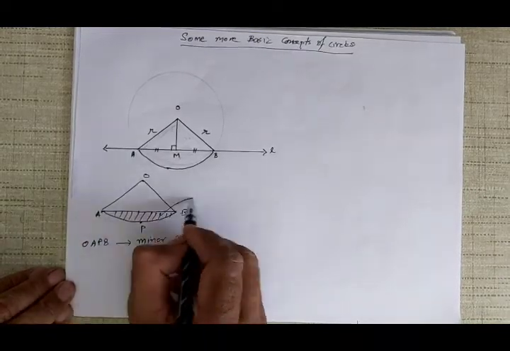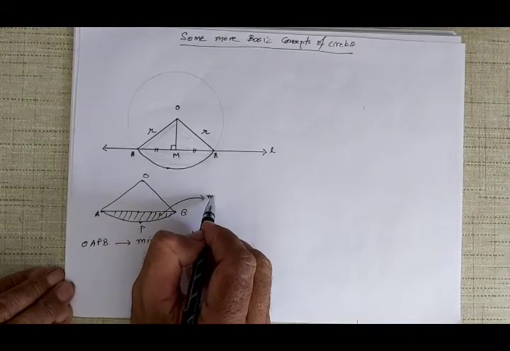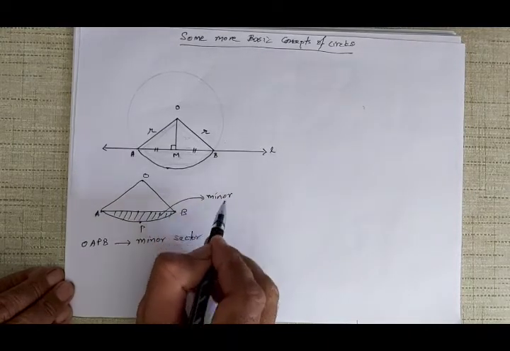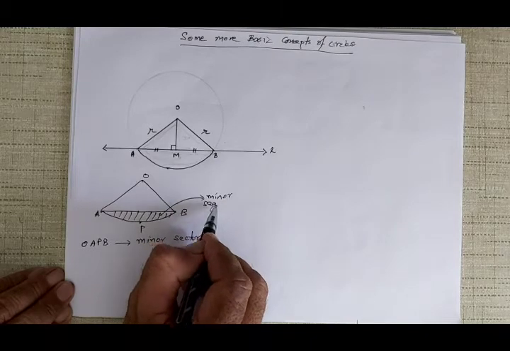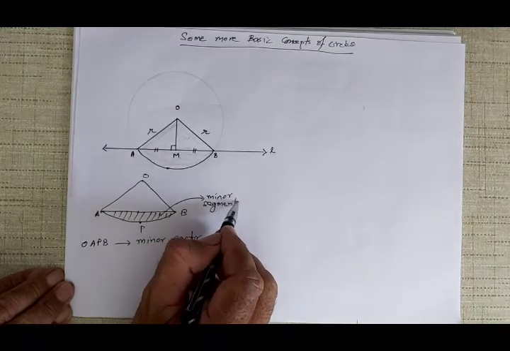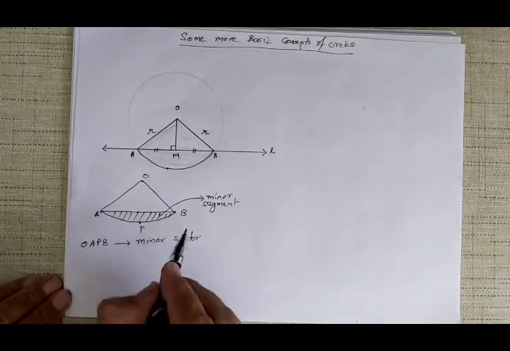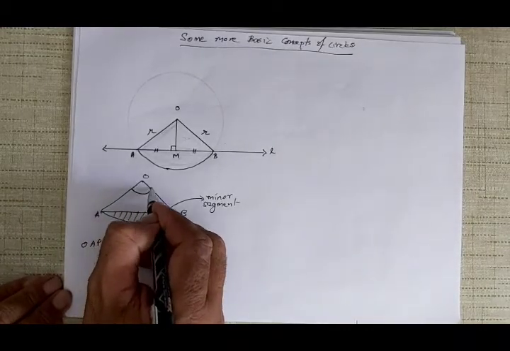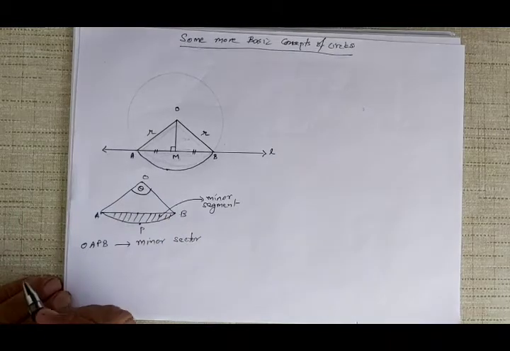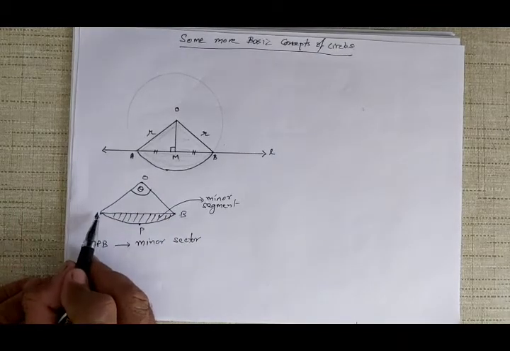Okay, and this region, look at this part. This part is called a minor segment of the circle. Now you got the whole sector, and this angle theta is called the angle made by this arc.